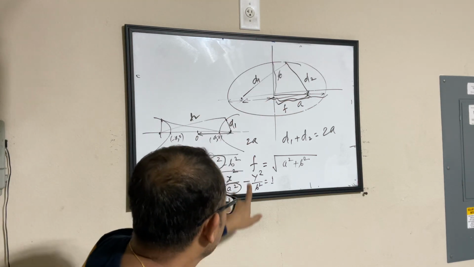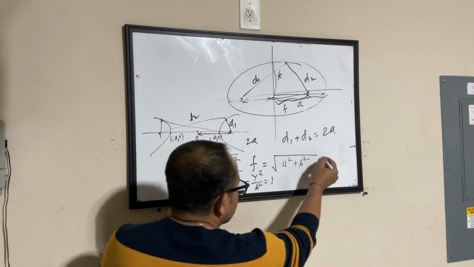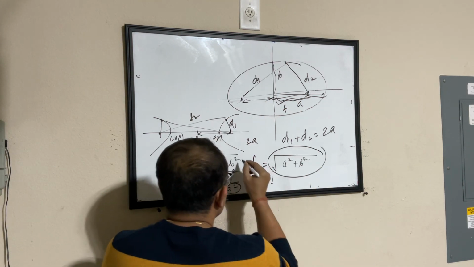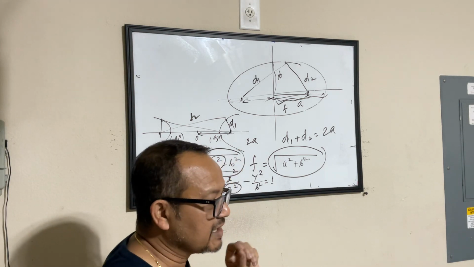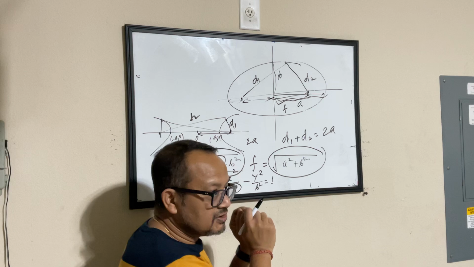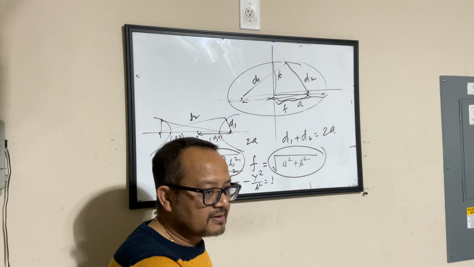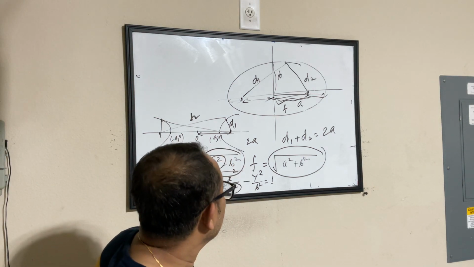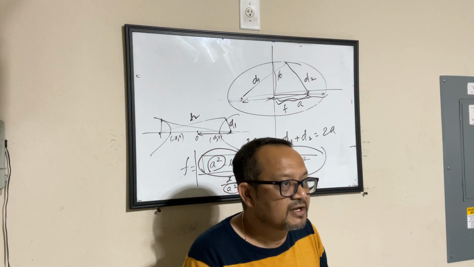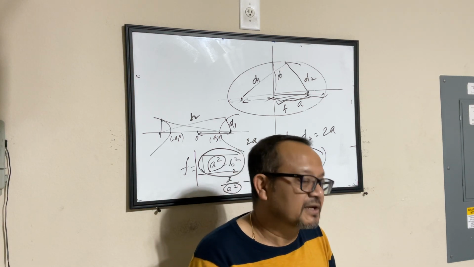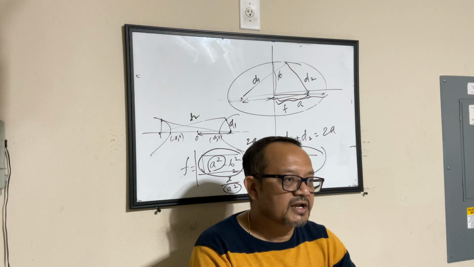The only difference is the focal length, the square root of the difference of the squares of the two, and mod of that, meaning the actual value of the difference. You'll ignore the negative sign. So that is how we will use this concept for attempting all the problems that are there in Khan Academy.